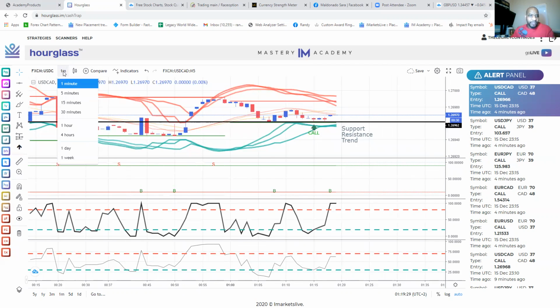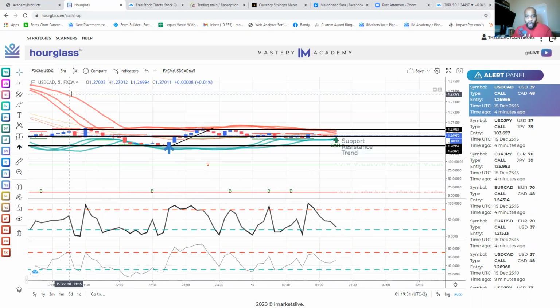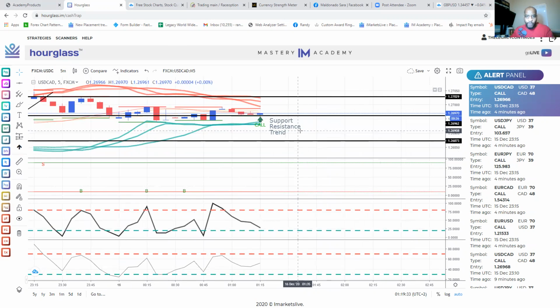Now, let me just give you the whole strategy. So talking through support, resistance, trend line. Let's say that you decide to take this trade here. Boom, we're off support. Well, let's look at this call, USD CAD, okay? If we're doing a call, we want the top number here to be higher than the bottom number. If we're doing a put, we want the top number to be less than the bottom number. So let me say it one more time.